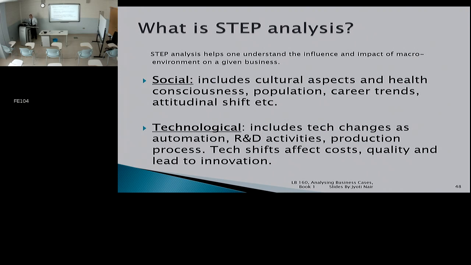Social, the key words are people, nationalities, population, cultures, customs, okay? Technological, the key words are devices, equipment, machines, internet, websites, research and development activities, automation.